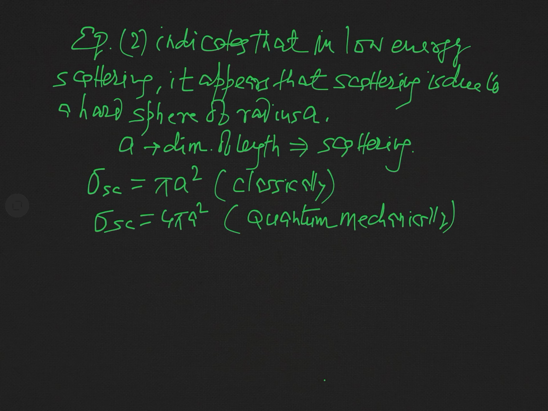You can see the quantum mechanical result actually is 4 times the classical result. So why is this different? Actually this is the quantum mechanical effect, and this quantum mechanical effect actually suggests that the diffraction is taking place at the boundary, and this gives rise to the large amount of small angle scattering.